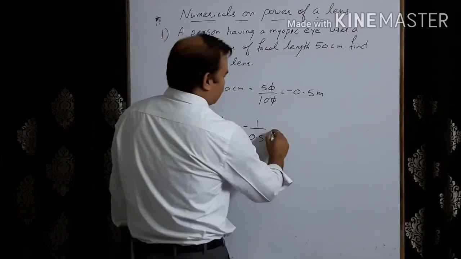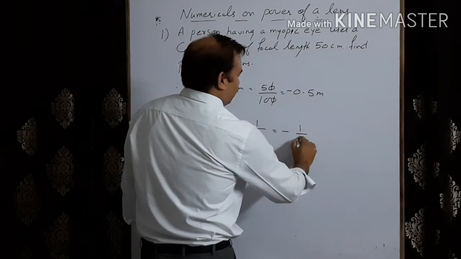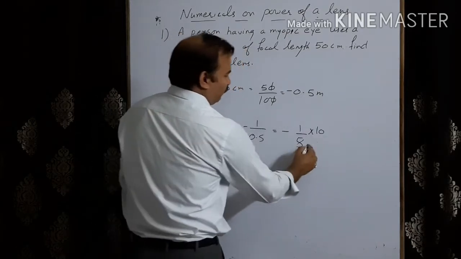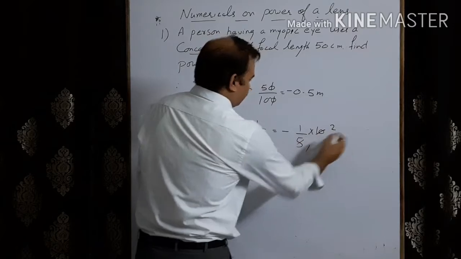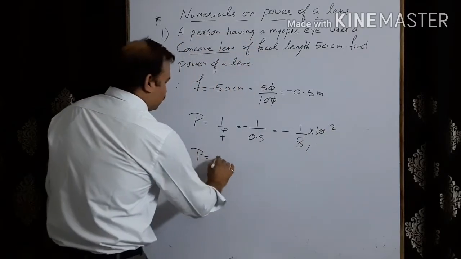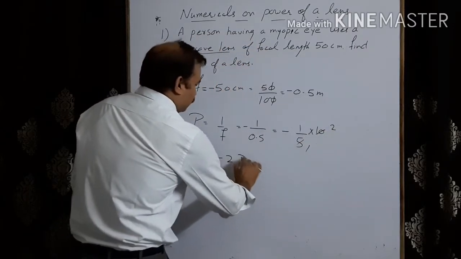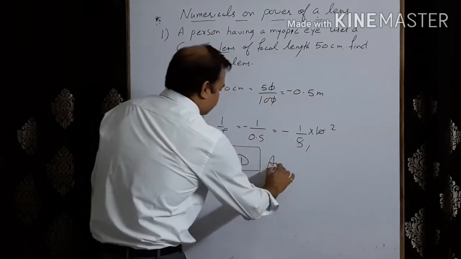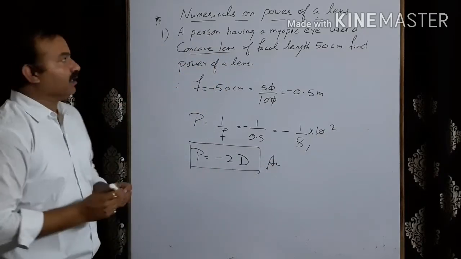Remove the decimal by putting a 10 up, so 5 ones are 5, 5 twos are 10. So power is equal to minus 2 diopter. This is the answer.